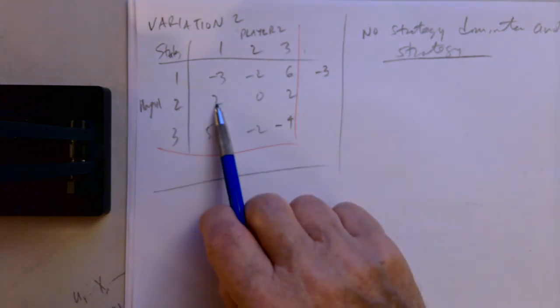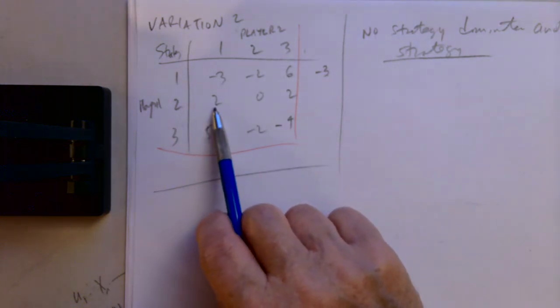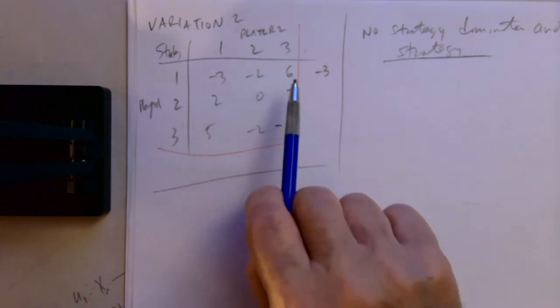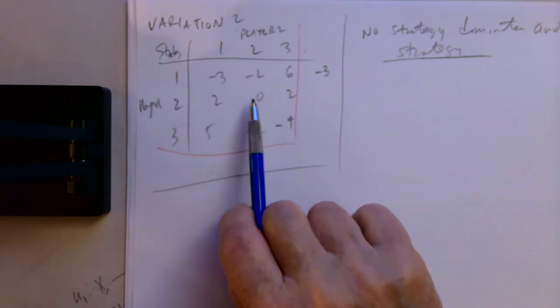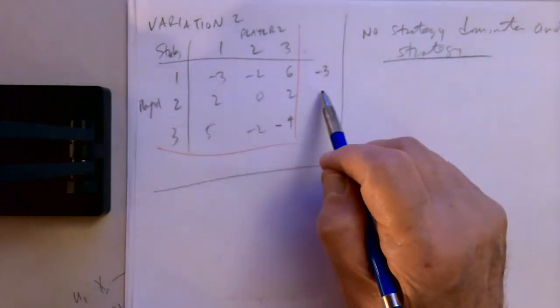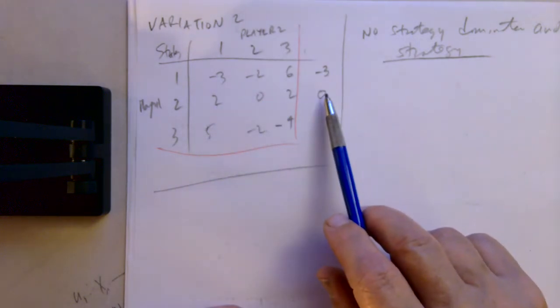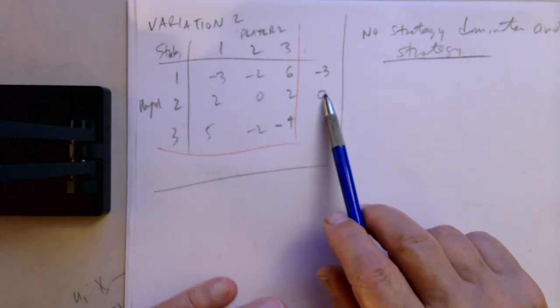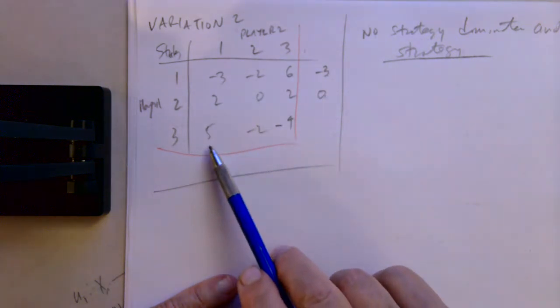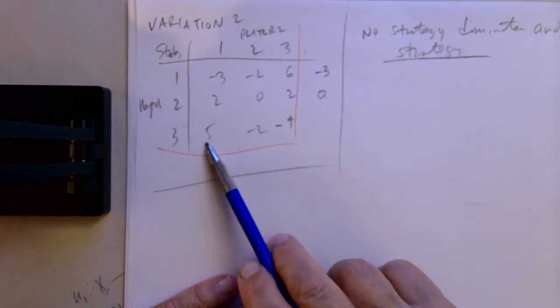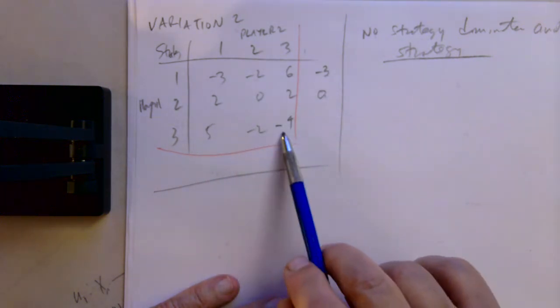With strategy two, he can either win 2,000 votes or break even. The worst he can do is break even. So choosing strategy two, he'll never lose votes. He may gain, but he'll never lose. With strategy three, he could win 5,000, but lose 2,000 or 4,000.